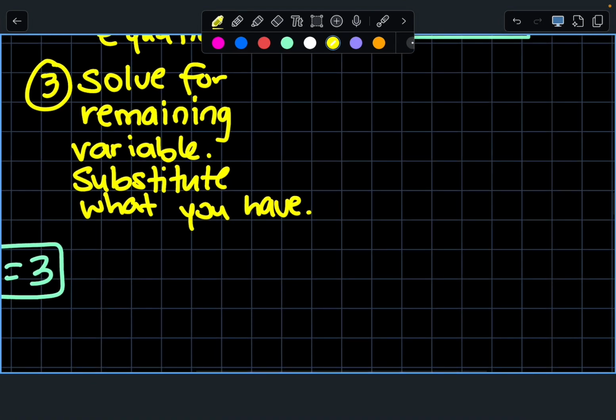I'm going to do this over here. So we have y equals 5x minus 14. And by the way, you can use any equation that you want. You don't have to stick with this one. I'm just using this one because I think it's going to be the easiest.